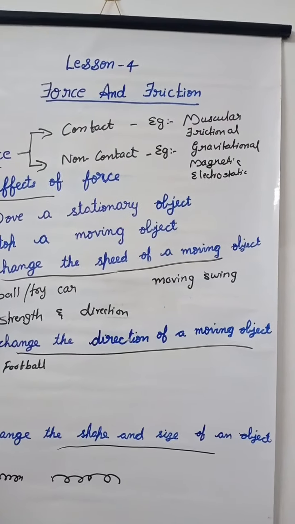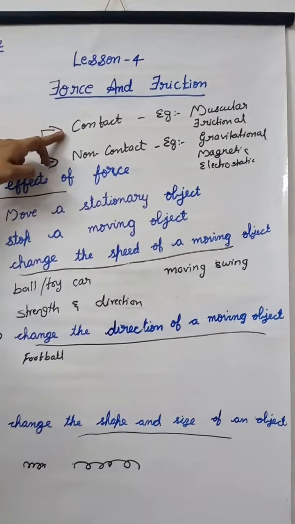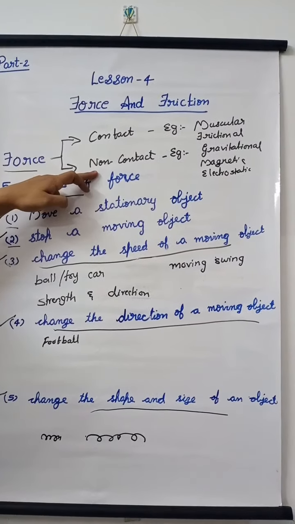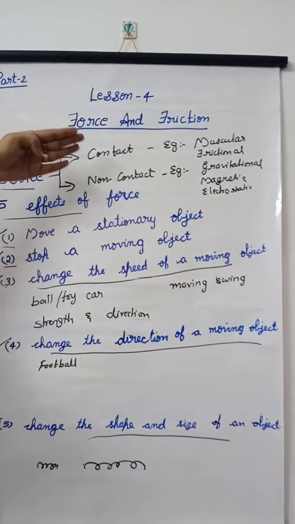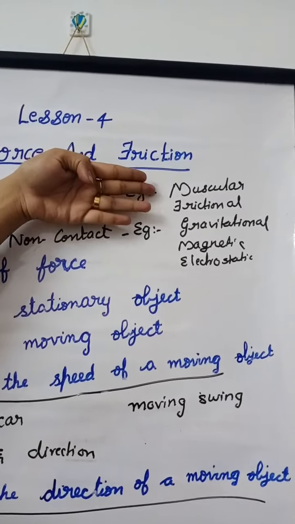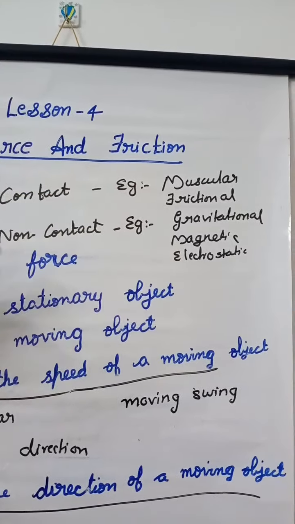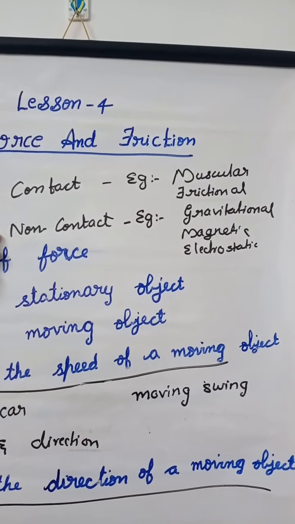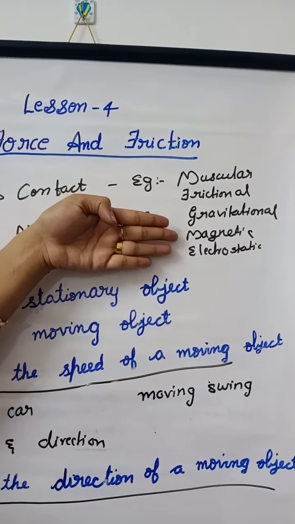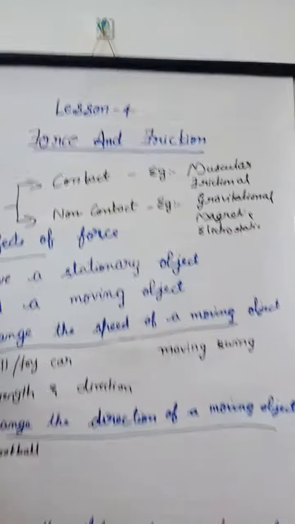So we have learned that forces are of two types, contact force and non-contact force. Examples for contact force are muscular force and frictional force. Examples for non-contact forces are gravitational force, magnetic force and electrostatic force.